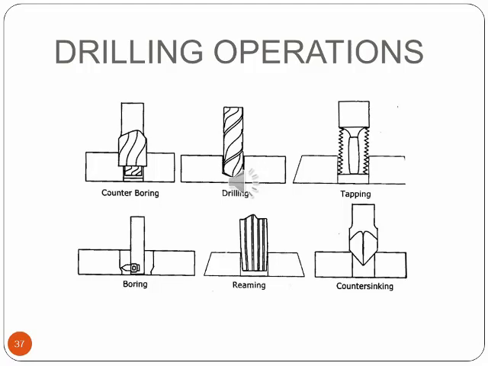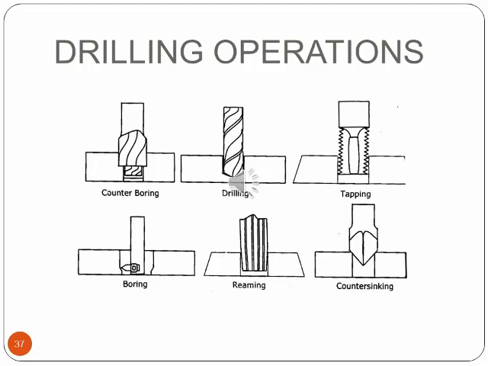So various drilling operations can be done in lathe, like counter boring operation, drilling operation, tapping operation, boring operation, reaming operation, countersinking operations. So we have to use a suitable tool for the desired operation, and using a suitable tool we can do the desired operation. The tool will be held in the tailstock.